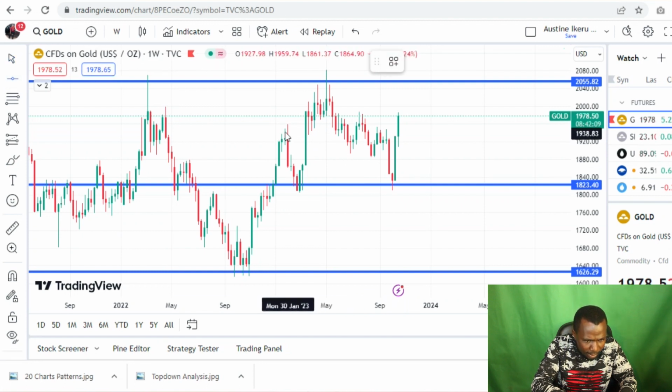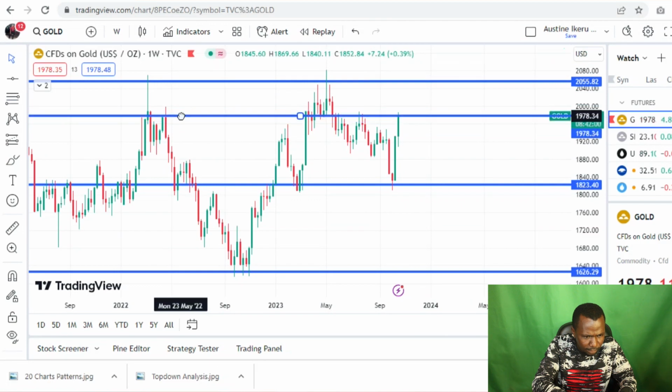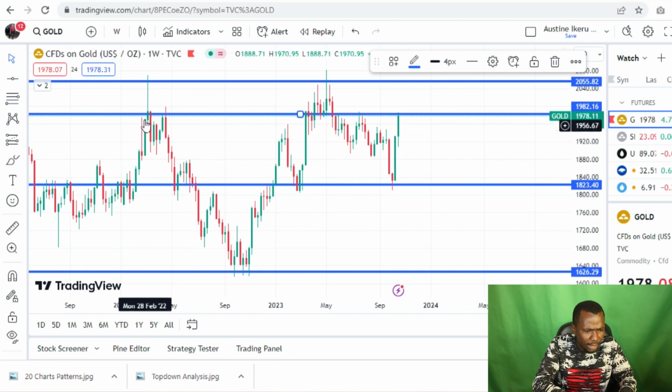I think this is the major level, right? This is the major level because price came here, broke through it, and ended up in a wick, right?